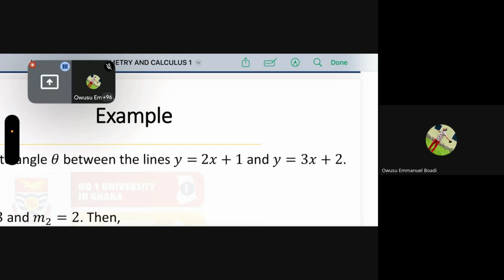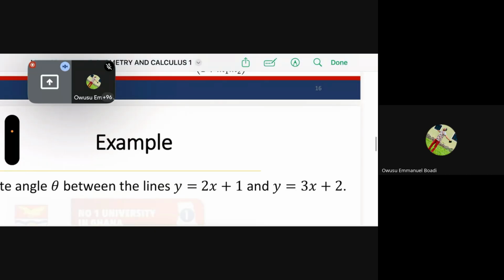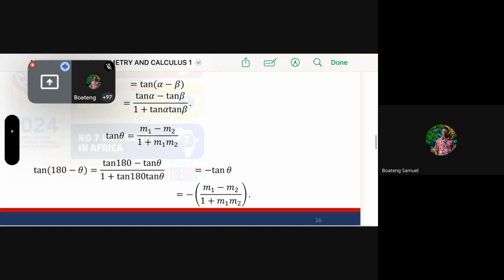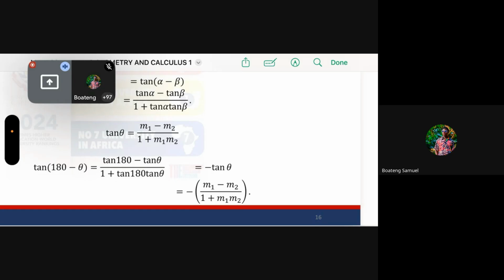So what is my M1 and what is my M2? Madam, our M1 is the coefficient of 3 and our M2 is 2. Okay. So my M1 is 3 and my M2 is 2. So find the angle for me. We know that tan theta is equal to M1 minus M2 divided by 1 plus M1 times M2.